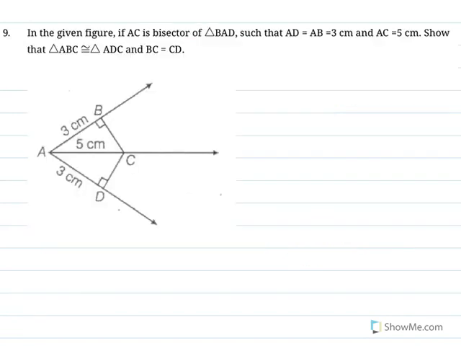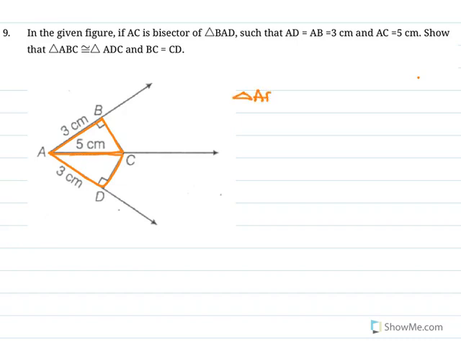In the figure, if AC is a bisector of angle BAD such that AD equals AB equals 3 centimeters and AC is 5 centimeters, show that the triangles are congruent. So we're going to take the triangle ABC and then the triangle ADC and show they're congruent.